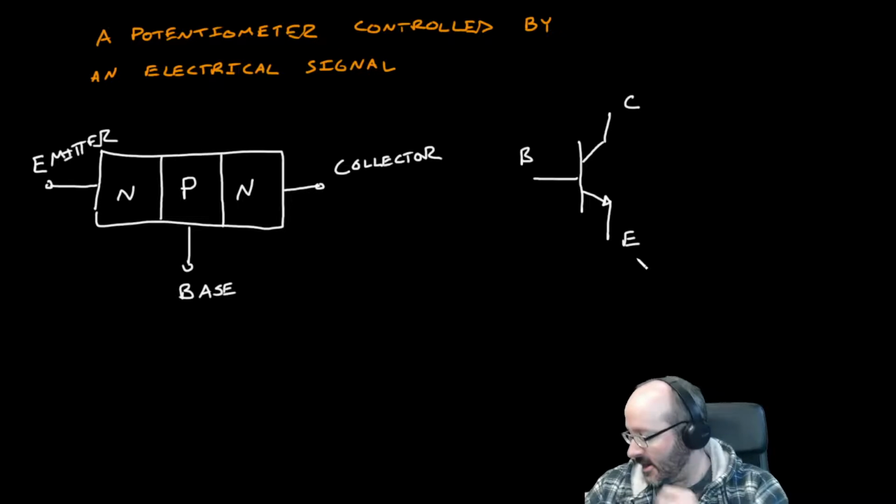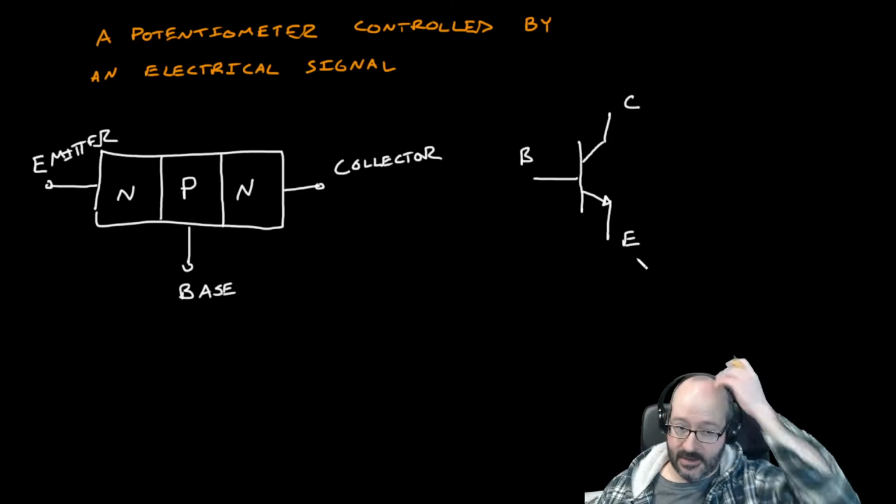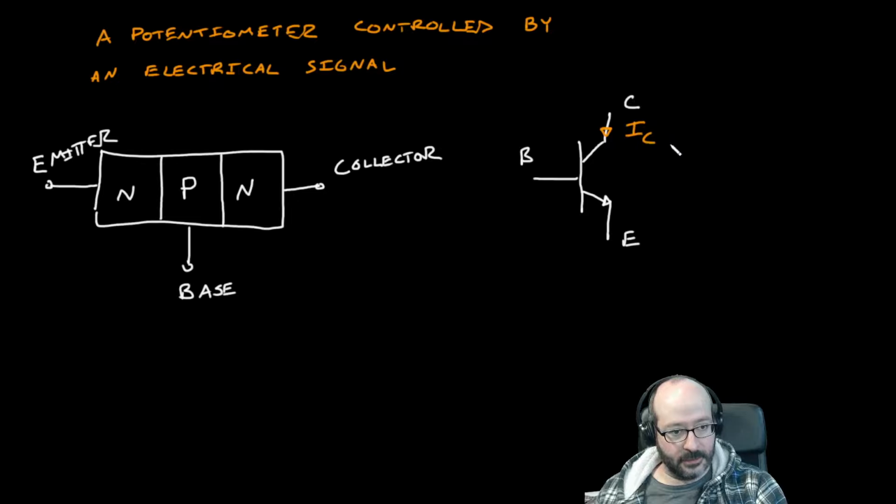With the diode, I'm hoping what you walked away with is that we can still do analysis in the ways that we've been doing them. We can talk about the volt-amp characteristics. What's the voltage across the diode, and what's the corresponding current through the diode? And we're kind of doing the same thing here. We want to know what controls the current through this BJT. What I'm primarily interested in is the current through that collector. Okay, so I'm going to call that I sub C. What controls I sub C?